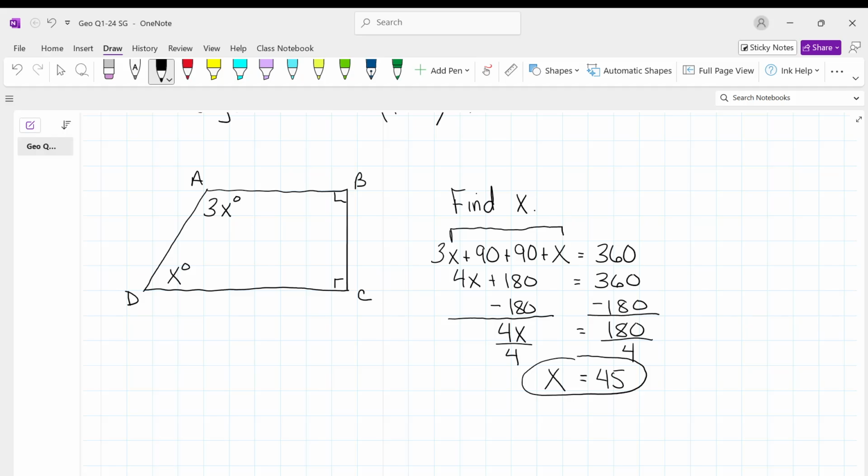Any questions? Let's do another example. It's the guided practice down there on the bottom of 394. 1, 2, 3, 4.